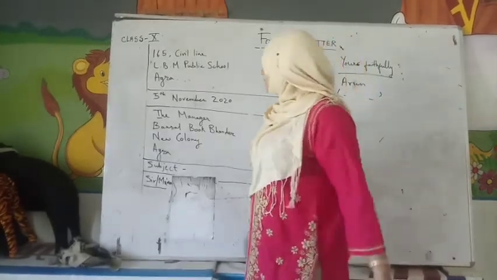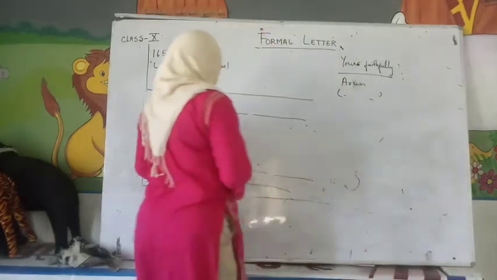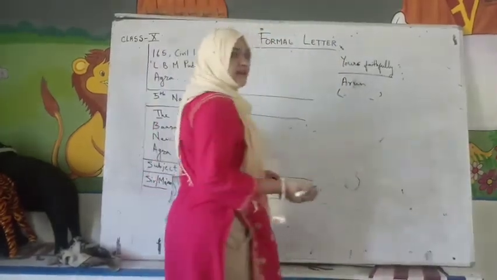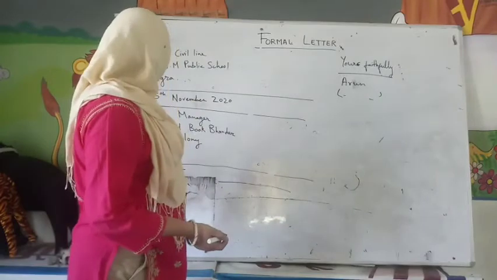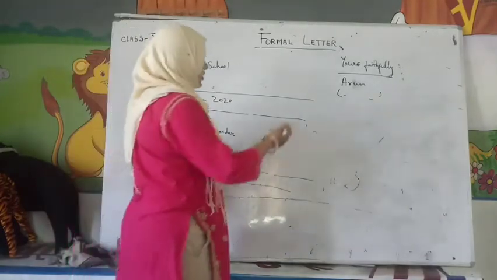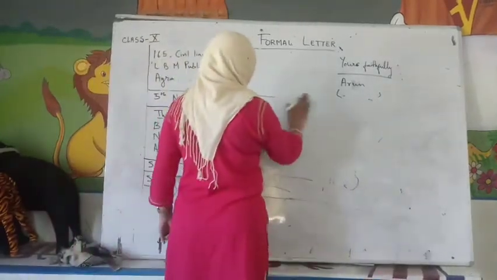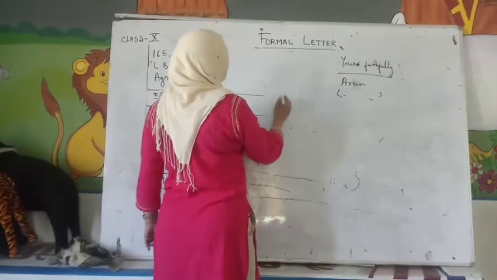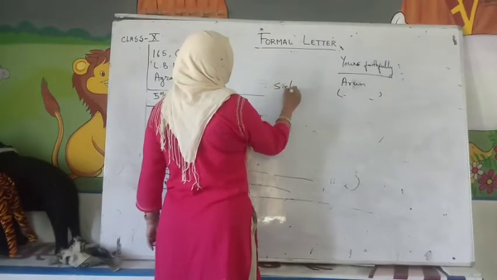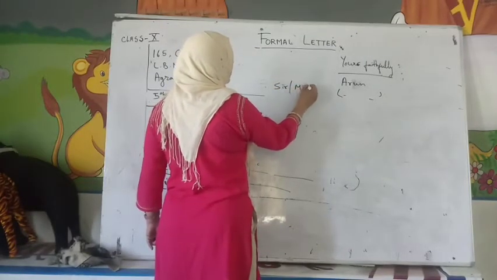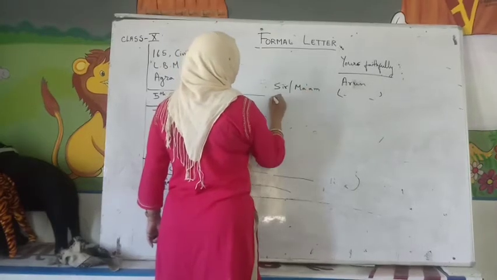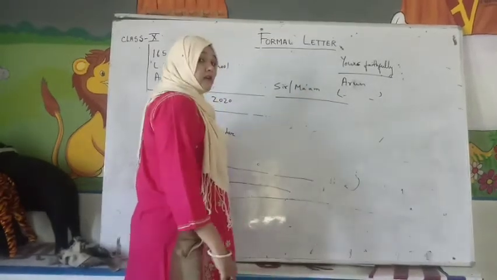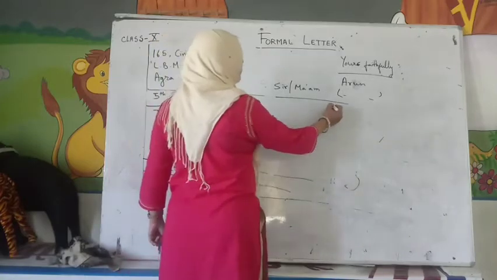Yes, one more thing. When you're writing the letter, I'm just showing you on the spot. See, children, when you're writing sir or ma'am like that, and then you leave a line, you left a line, correct? Please do not write from here.